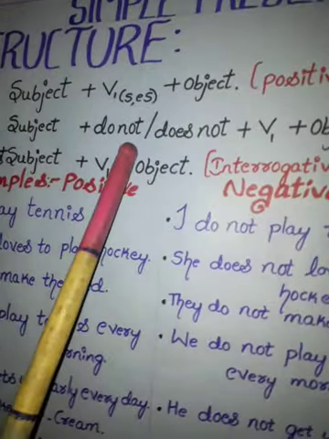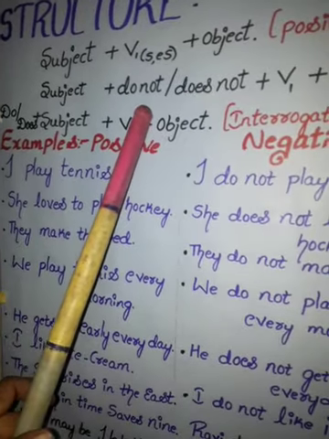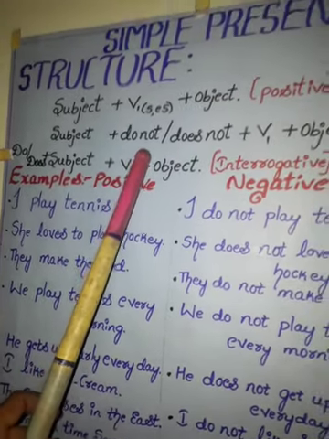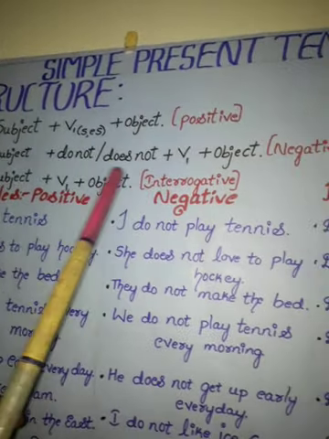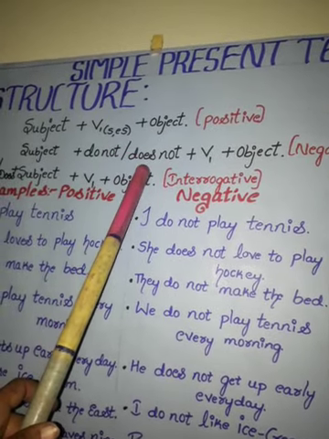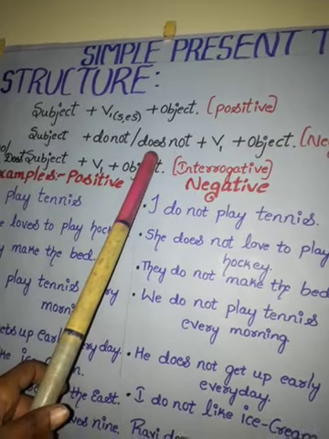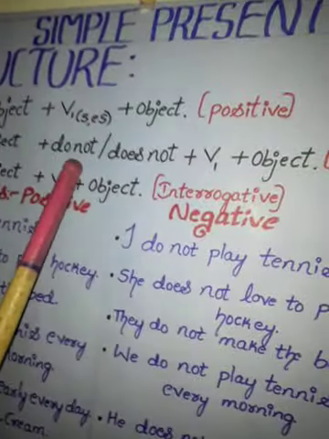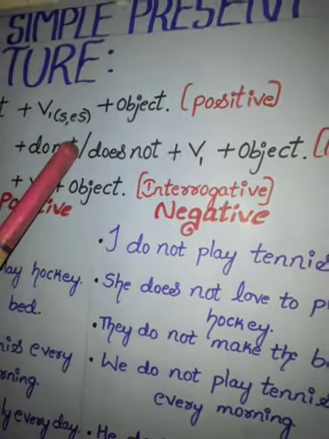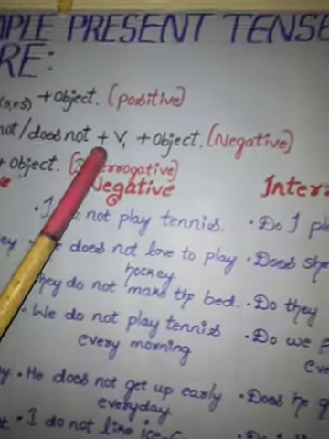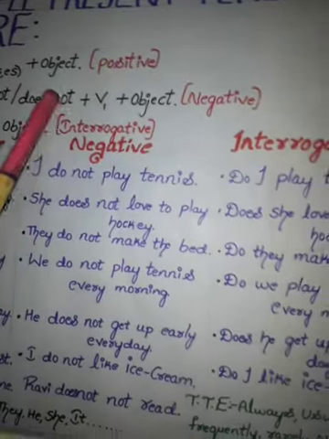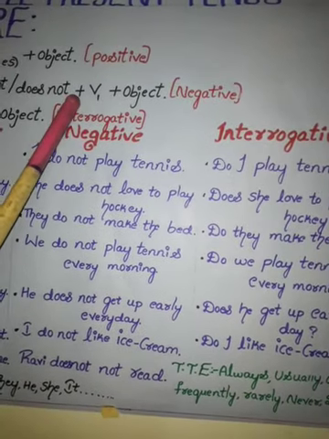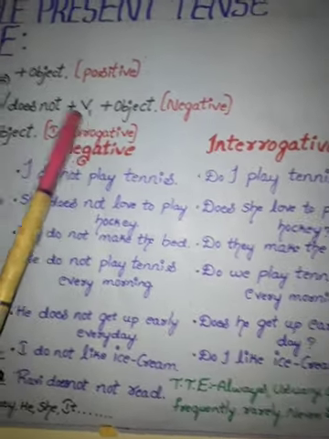In the case of third person singular, that is he, she, it, we use does not. Whereas for first person, second person, singular, plural and third person plural, that is they, we use do not. Plus V1, which is the present form, that is the base form of the verb.